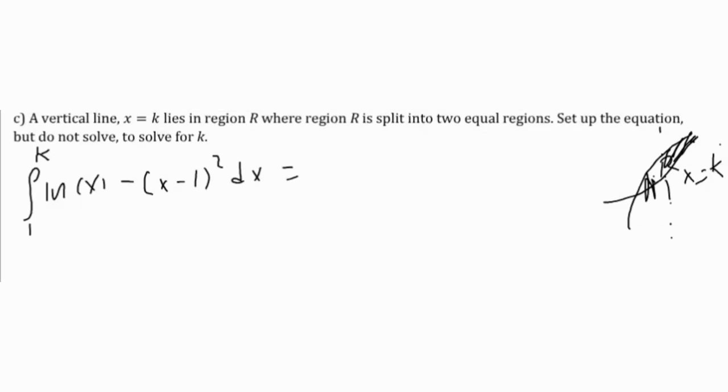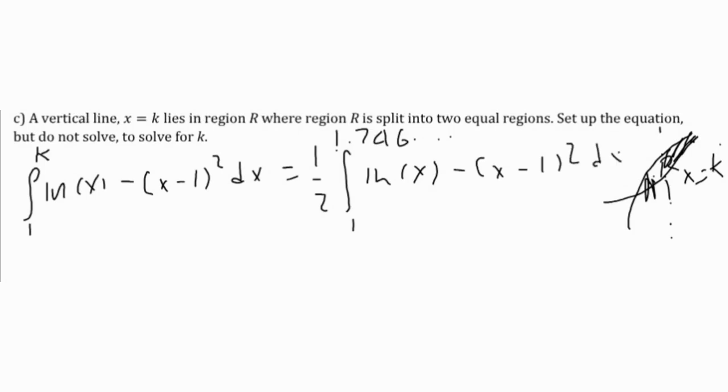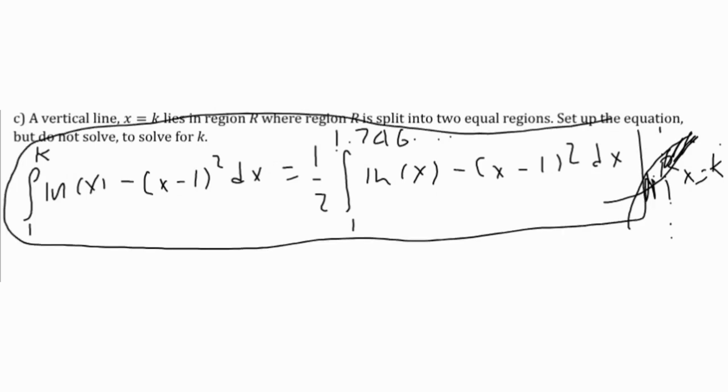That's just using the formula for area, which is the function on top minus the one on bottom, and the integral of that, set equal to half of the total area, which is 0.746, times the integral from 1 to 1.746 of ln of x minus (x minus 1) squared dx. It doesn't tell us to actually solve for k, so just save yourself the time, and that's all you have to do for this question.